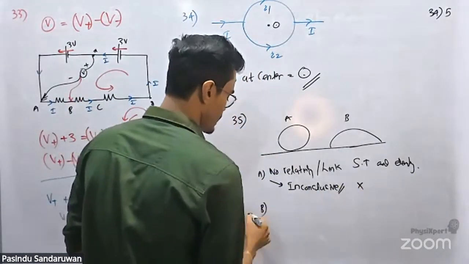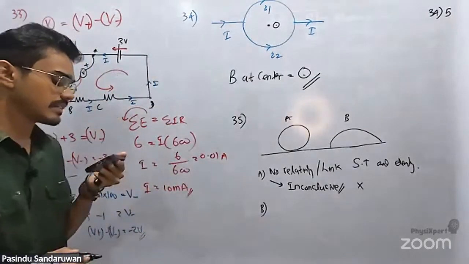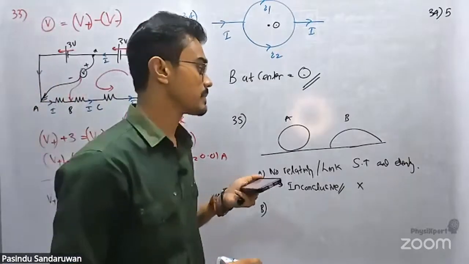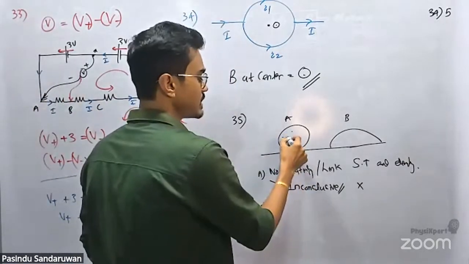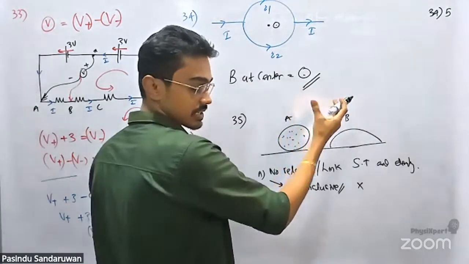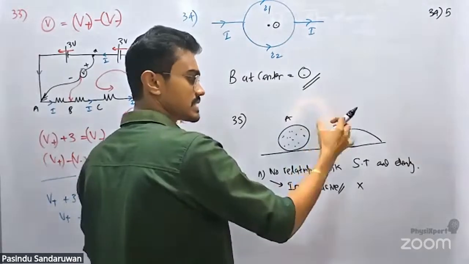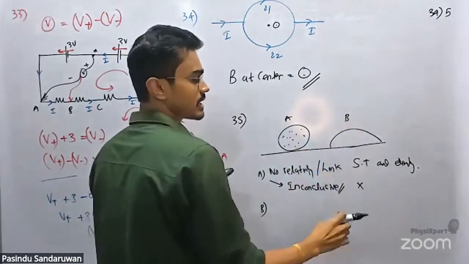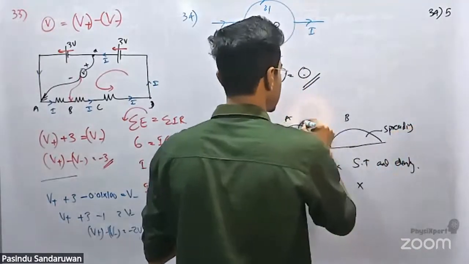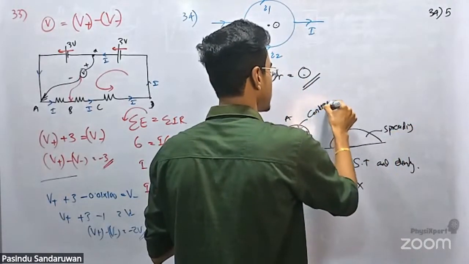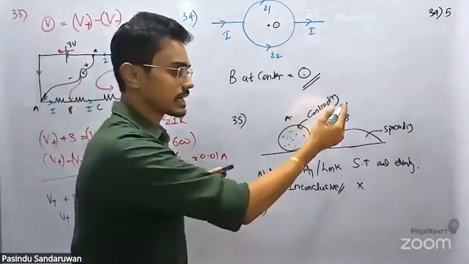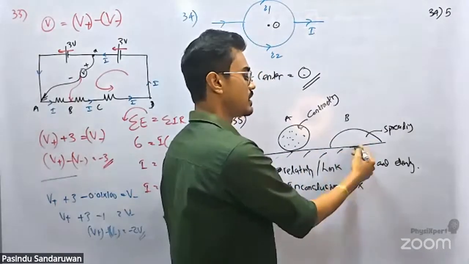B. The surface tension of liquid A is greater than the surface tension of liquid B. That is correct, because when surface tension is higher, the liquid always gets contracted, and when the surface tension is lesser, it spreads. These are spreading liquids and this is a contracting liquid on the same surface, so we can compare.